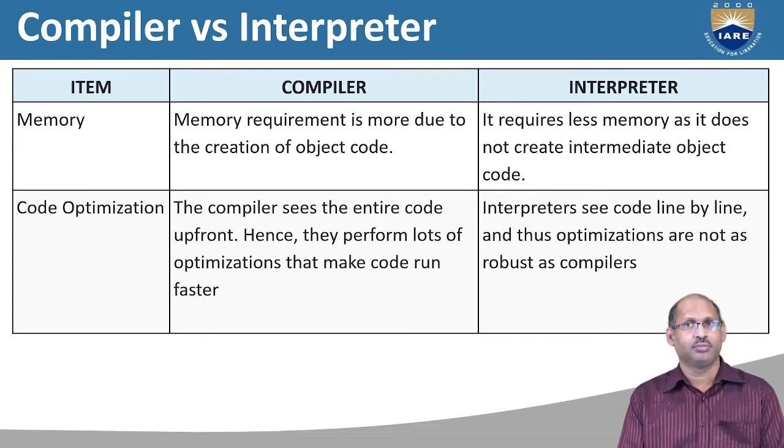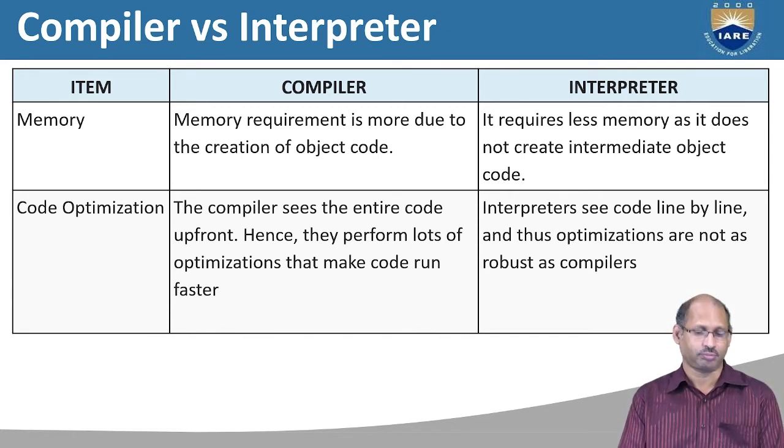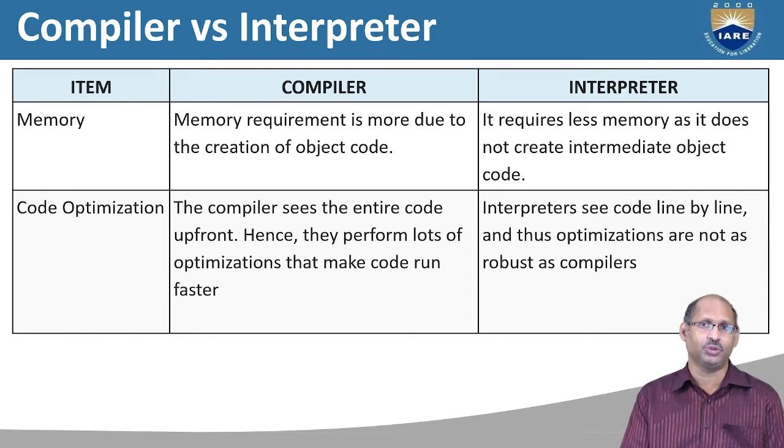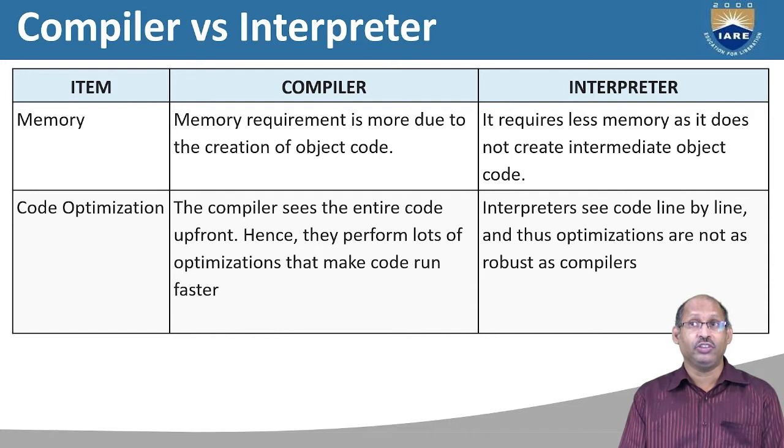So the compiler has multiple phases. There are 6 phases of a compiler. So the compiler requires software for all the 6 phases, and it also requires memory for the source program, all the intermediate forms, and the final object code. But the interpreter doesn't need to store all the different forms.